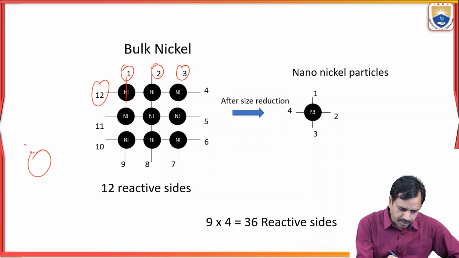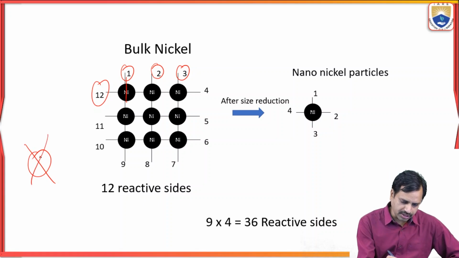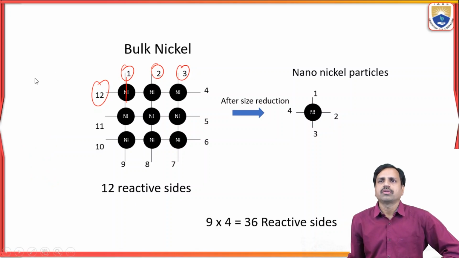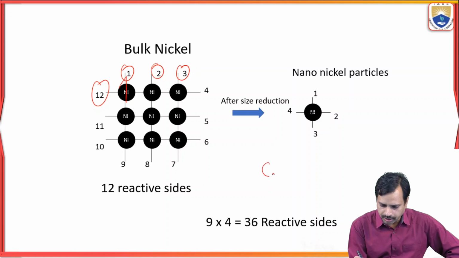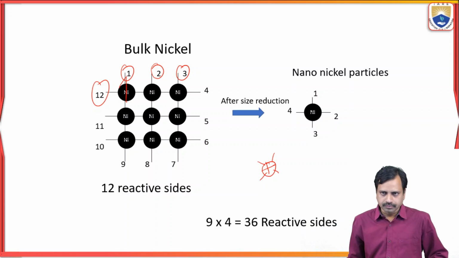This is a particle, so we are bringing it down into 2, and we can also reduce it into 3. So like that we can reduce the particle size. Suppose if you take this one particle and reduce it into 4 particles, one active site will be increased to 4 active sites.